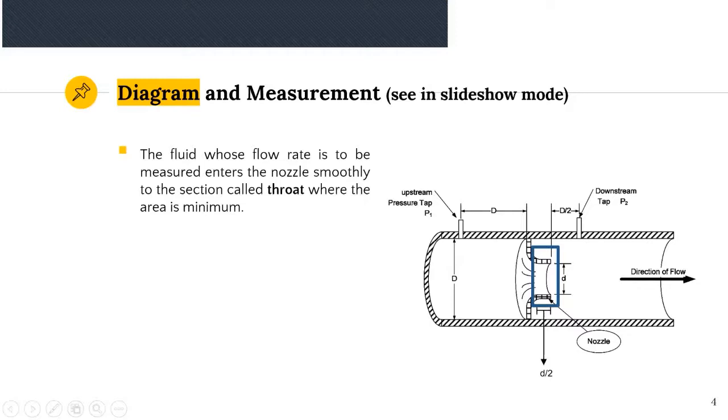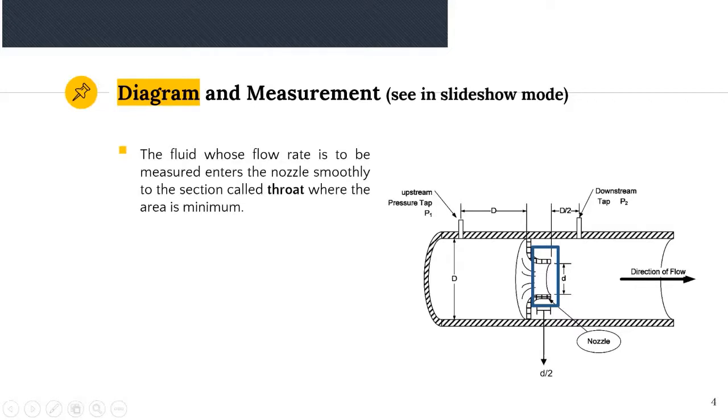Now, the fluid whose flow rate is to be measured enters the nozzle. The fluid comes from the big pipe to the nozzle smoothly, and this nozzle is called a throat, tenggorokan, because the shape is just like a throat, where the area is minimum.